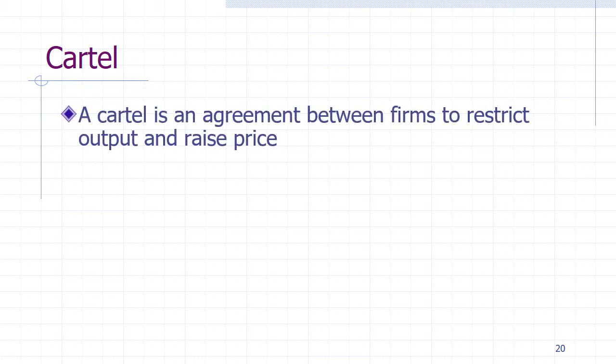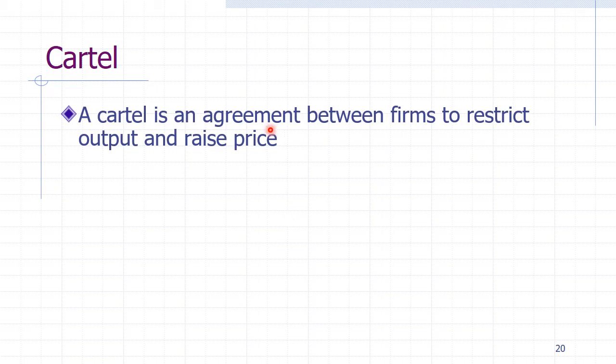Then we will look at the final type of model, cartels. A cartel is an agreement between firms to restrict output and raise price, because they are very interdependent when they are working as a group.